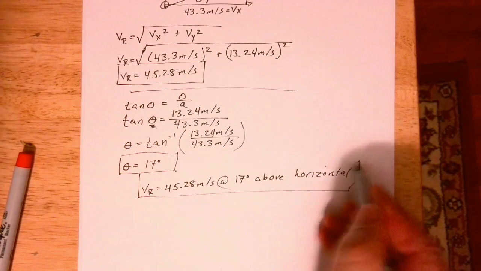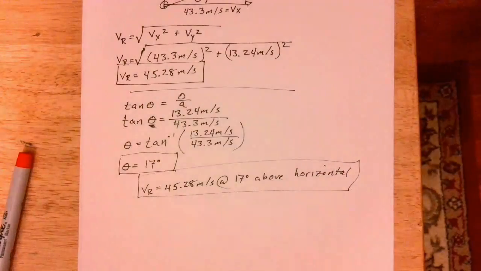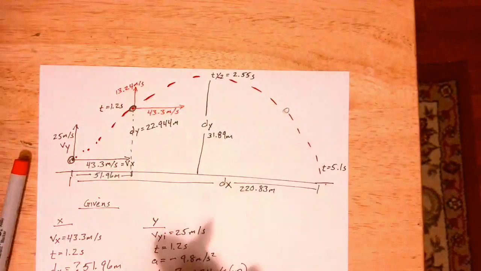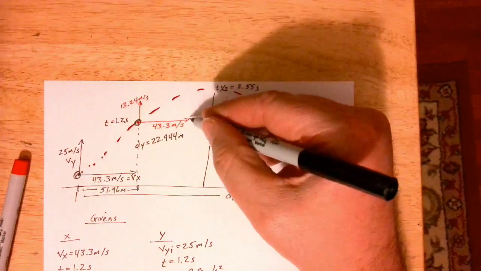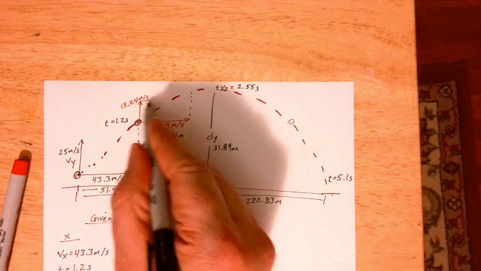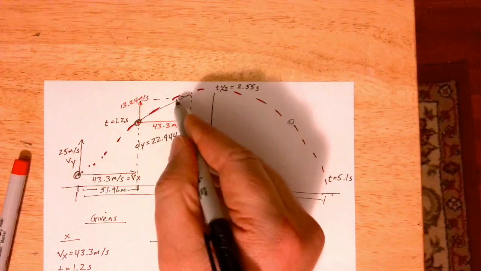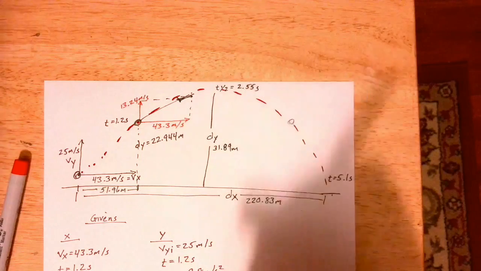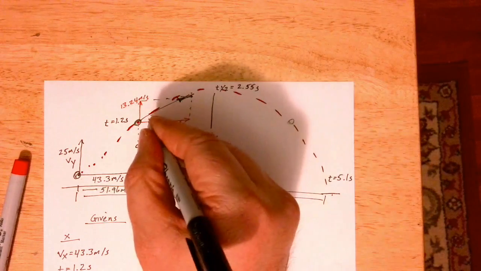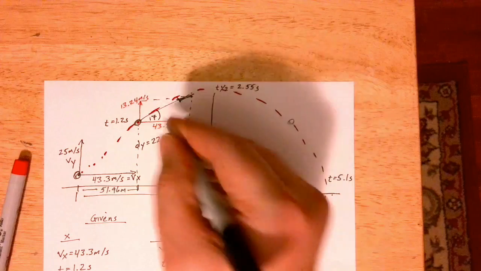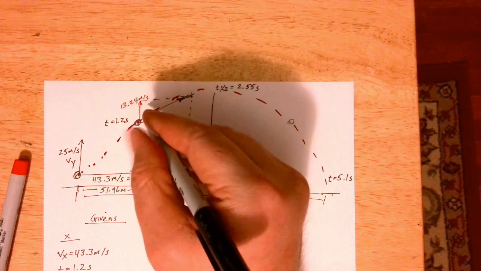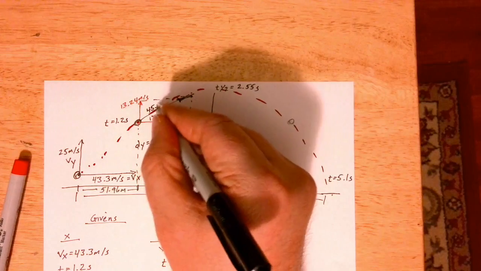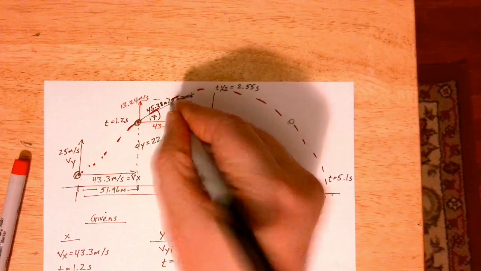Okay. So what does that mean? Let me bring it back to this here. So that means at that point in time, when this thing is, I pretend that's a nice triangle here, at this point in time, this projectile is going at a 17-degree angle, and it is going at 45.28 meters per second.